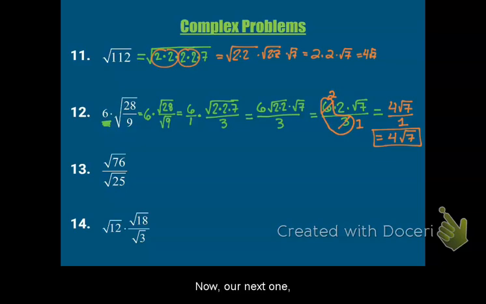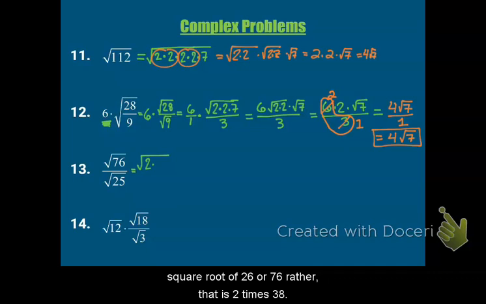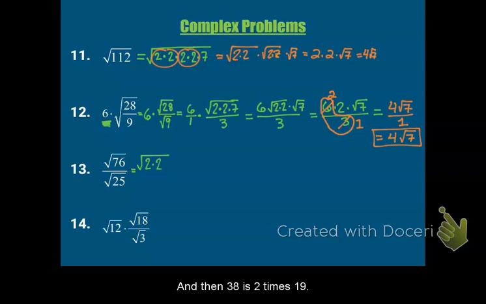Now our next one, root 76 divided by root 25. I'm going to use my quotient property. Square root of 76, that is 2 times 38, and then 38 is 2 times 19, and then thankfully square root of 25 is just 5.